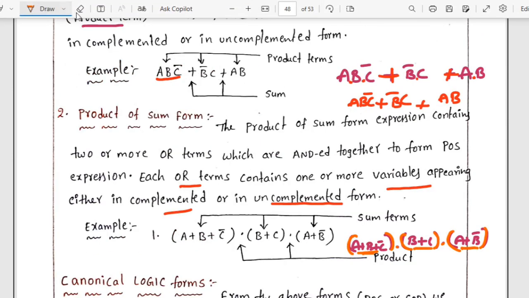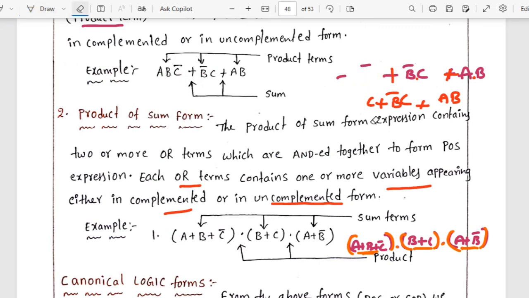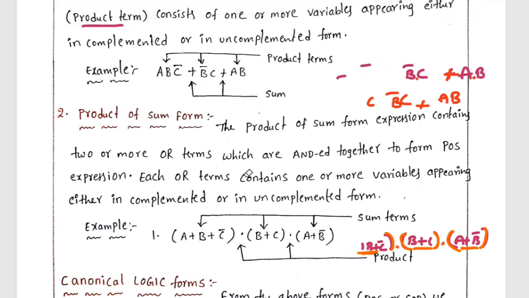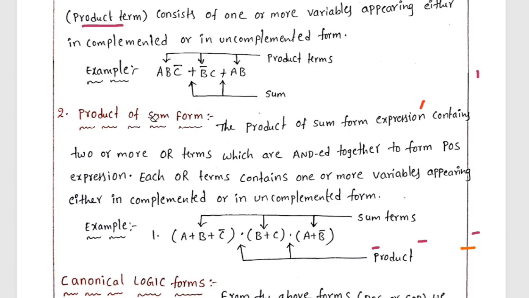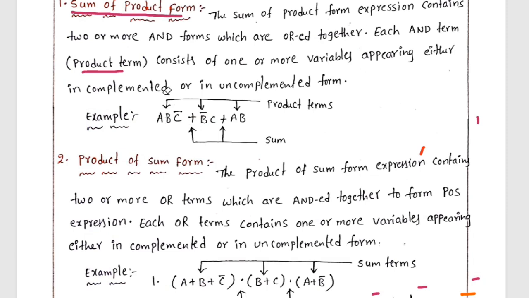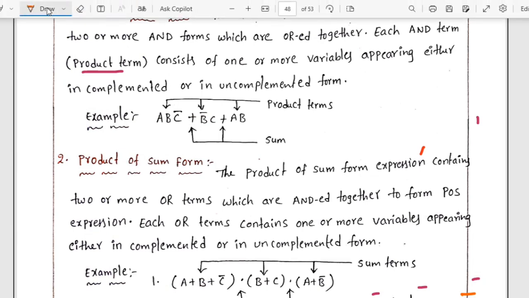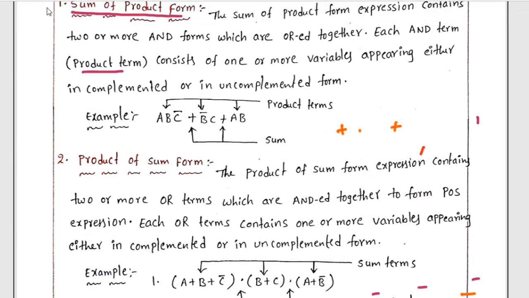Finally, what is the conclusion? Between sum of products and product of sum, I'll give you one final conclusion. Sum of products: A B C bar, A B C, or A B, A bar B C. This is a sum of product.